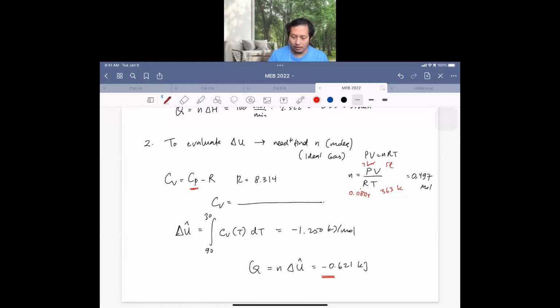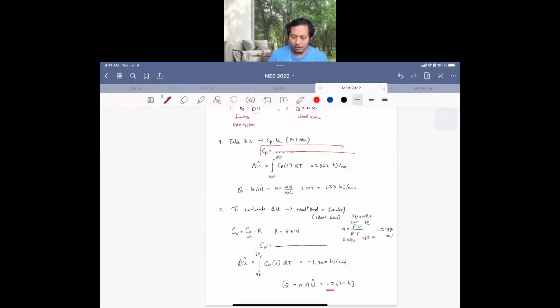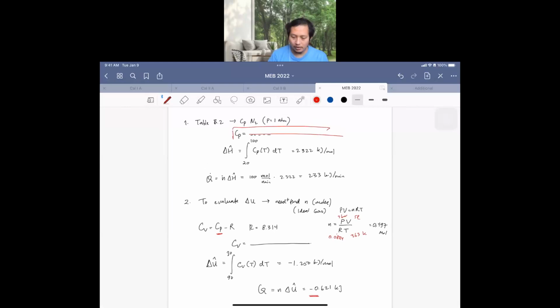Okay, another example is when we involve the tables B8 and B9. I hope you have had a chance to at least look at the table B2 for the heat capacity. Okay, and then there are also other tables we call table B8 and B9. That is for some substances that have combustion reactions.